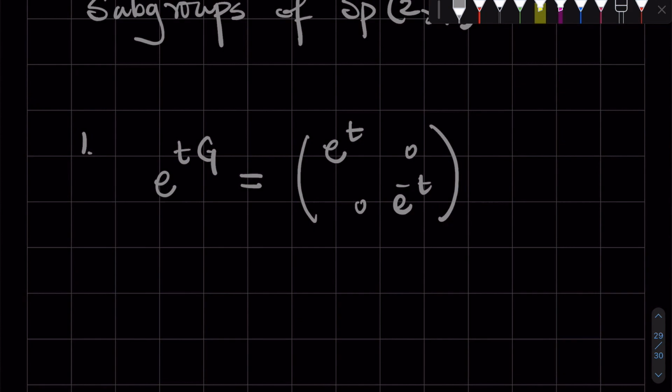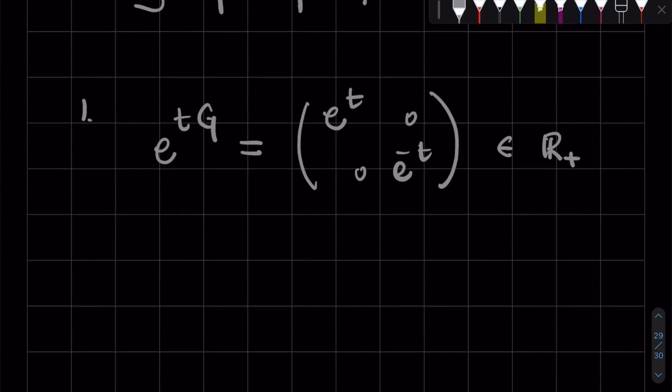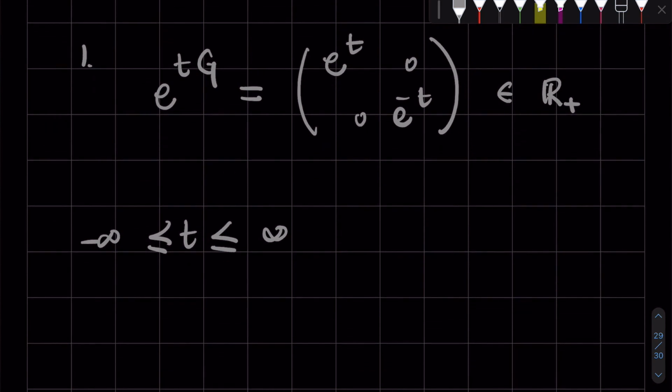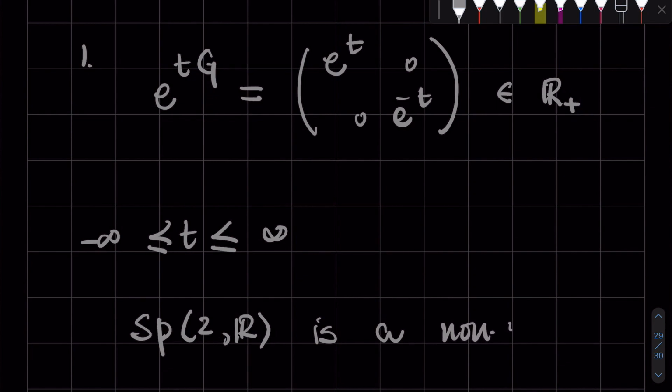We can see t can take any value, and this is going to be a positive number. One of the things it shows is that because t is a parameter which takes its value in R, this is a non-compact group. That is, Sp(2,R) is a non-compact group.